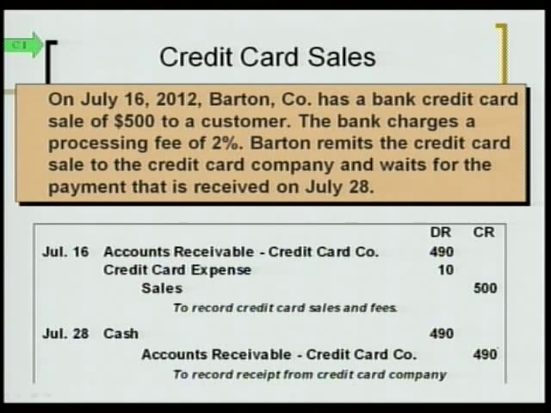You debit accounts receivable from the credit card company, not from the customer. We're good with the customer. They're done. That's not an accounts receivable from the customer, but rather from the credit card company. And then on July 28th, the credit card company gives us our cash of $490, and we decrease the receivable we have from the credit card company. You with me?